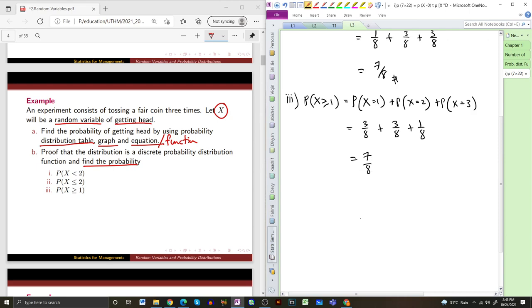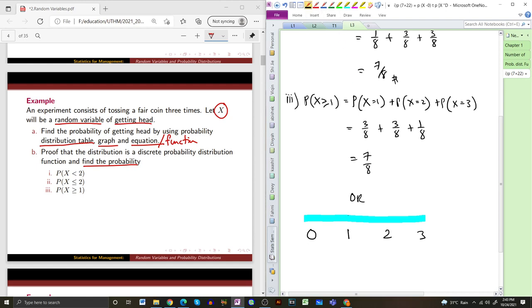You can solve this. Number 3 is like this. Just now the variable was 1, 2, 3. Am I right? So when they said equal to or greater than 1, you choose the probabilities of 1, 2 and 3 and add them. Or another method of doing this is to find the total.